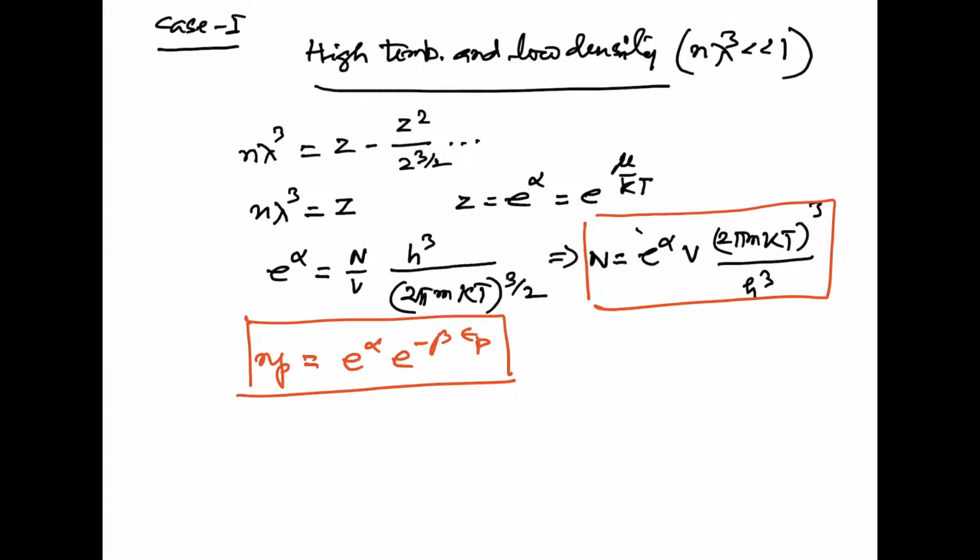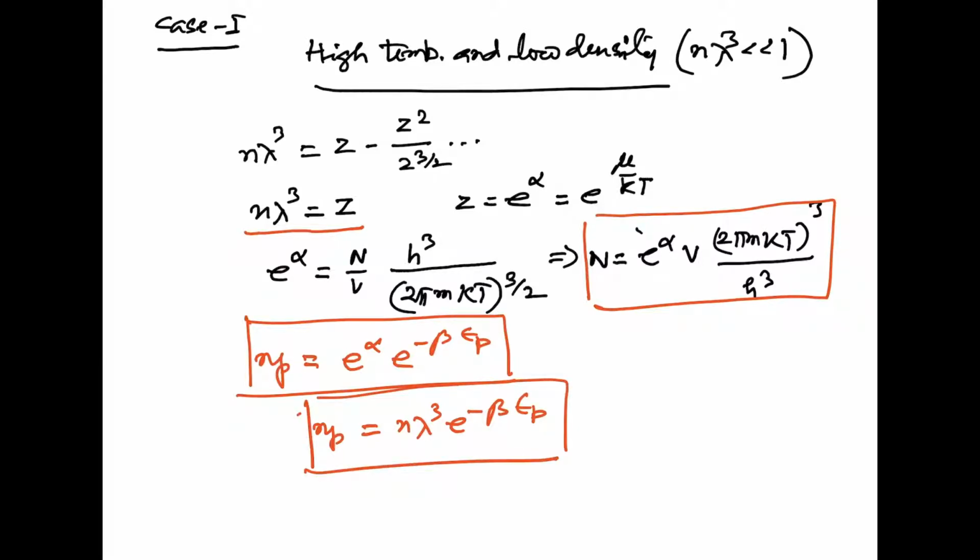As e to the power alpha is z and z is n lambda cube, this can also be written as n_p equal to n lambda cube e to the power minus beta epsilon_p, which is the average occupation number for Maxwell-Boltzmann gas.